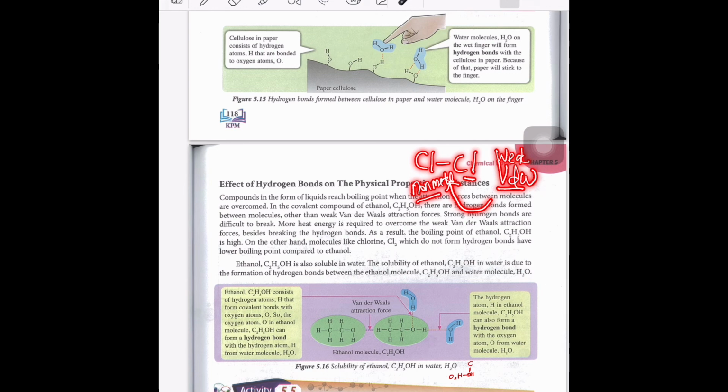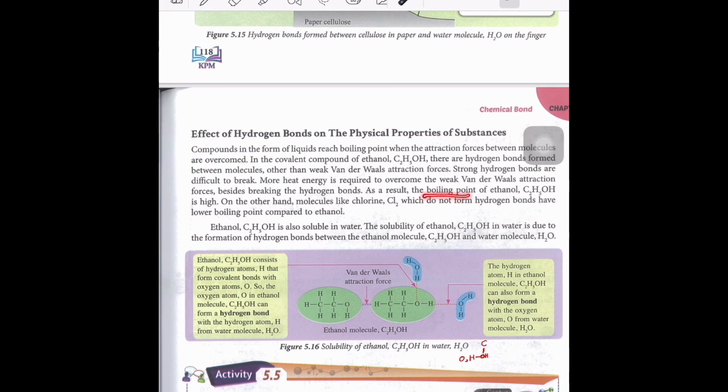Dalam covalent compound ada VDW and it's weak. They do not form hydrogen bond lagi. So they have lower boiling point compared to ethanol. So you can see here, the presence of hydrogen bonds actually are going to make the boiling point higher berbanding dengan yang tiada hydrogen bond. Alright? Itu satu, dia akan mempengaruhi boiling point.